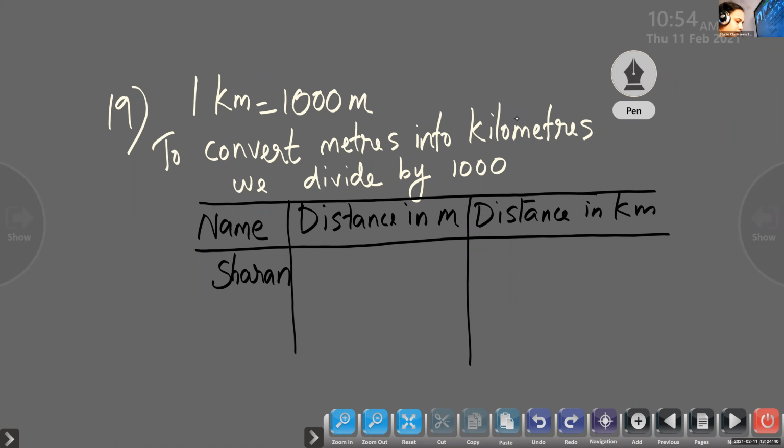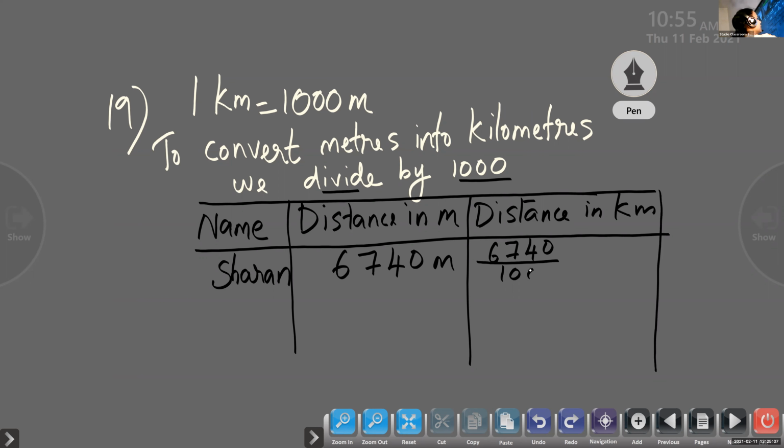Look at the question. 6,740 meters. Yes, 6,740 meters. Now distance in kilometers we have to find out. So what do we have to do here? Divide by 1,000. In the distance in kilometer column we have to write 6,740 divided by 1,000. First one I will help you.